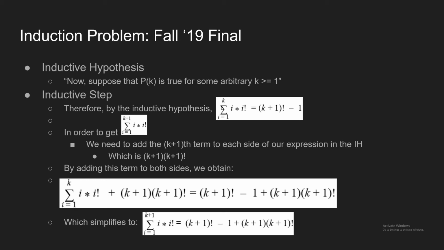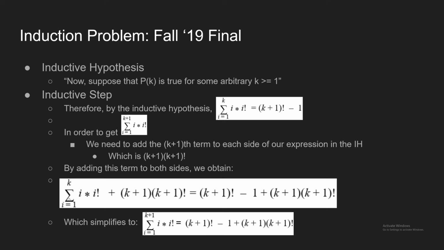Therefore, by the inductive hypothesis, the sum from 1 to k of i times i factorial is (k+1)! minus 1. We want to get the sum from 1 to k+1 of i times i factorial. So in order to get that, we need to add the (k+1)th term to each side of our expression in the IH. That term is (k+1) multiplied by (k+1)!.